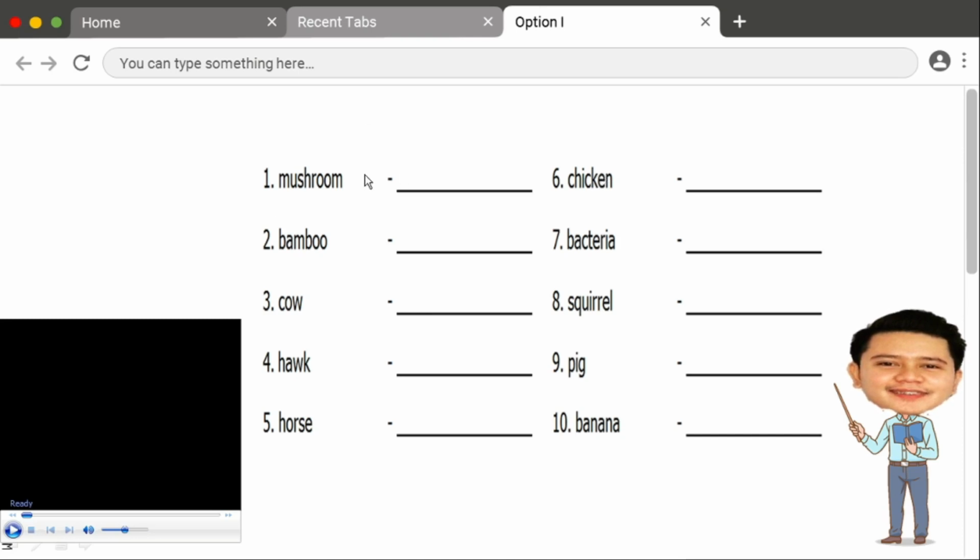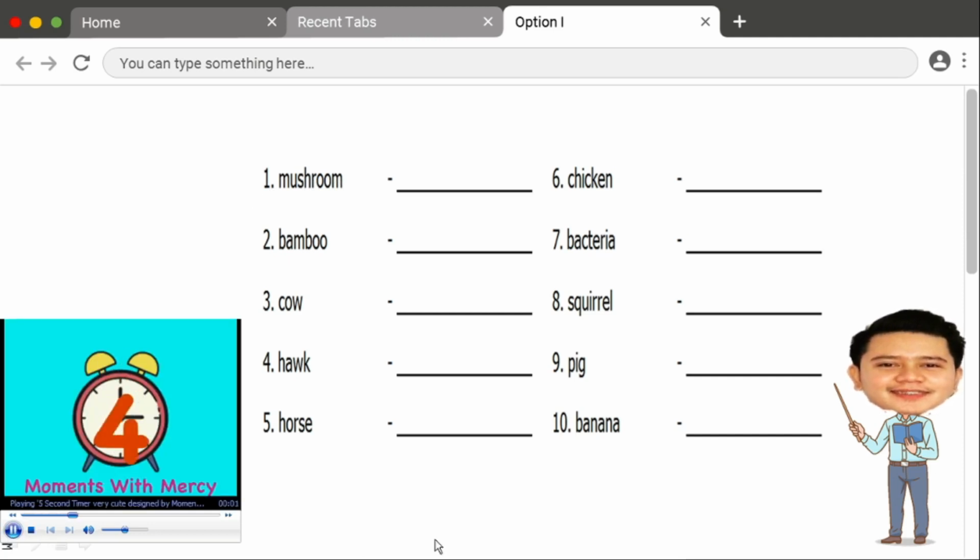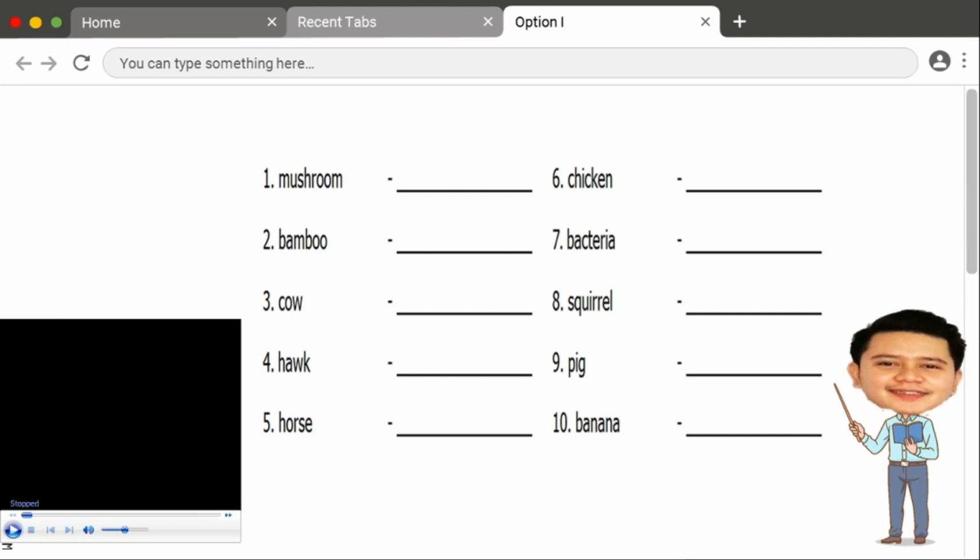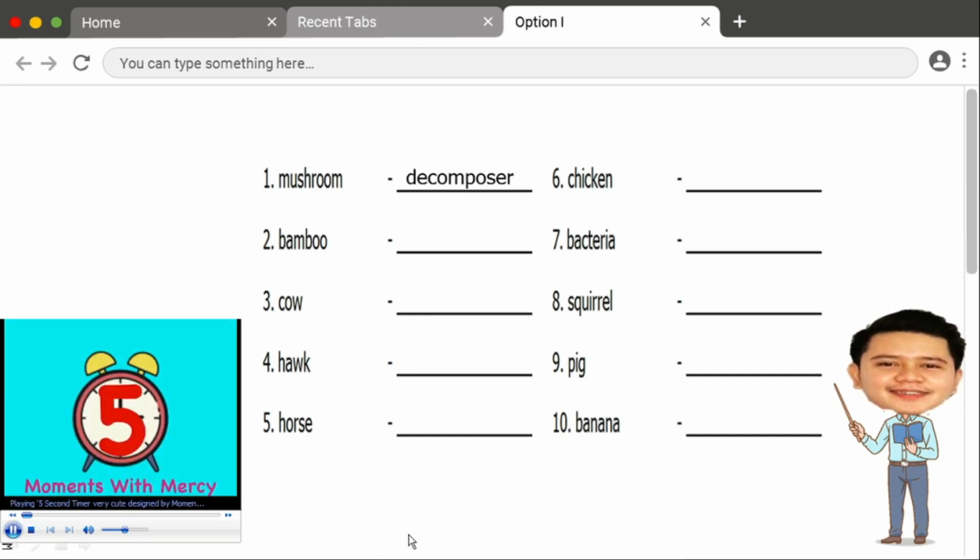Let's start with number 1, mushroom. What is it? 5 seconds starts now. Okay, a mushroom is a decomposer. Next, bamboo. 5 seconds.